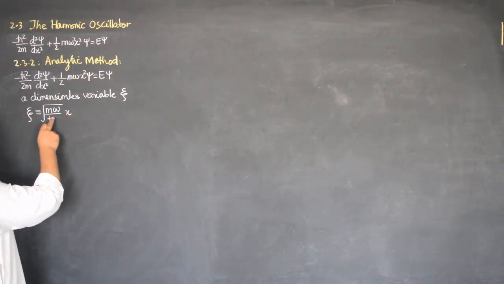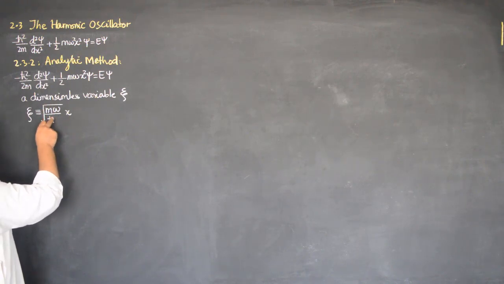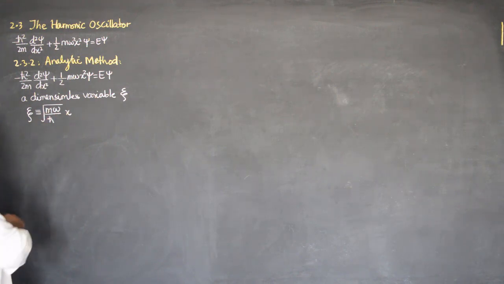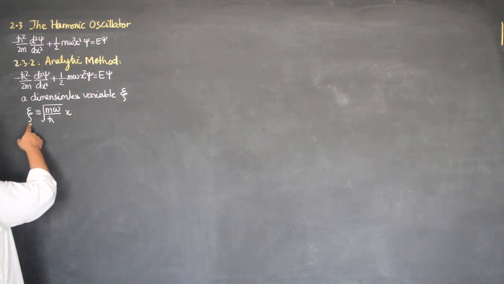Now it will be dimensionless. This is x, which has the length dimension. If m omega over h bar has 1 over length dimension, then it will be a dimensionless quantity.